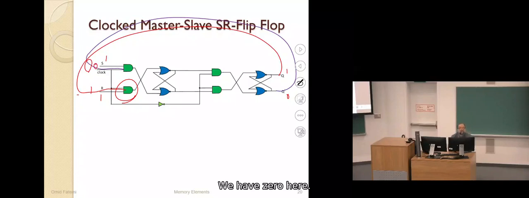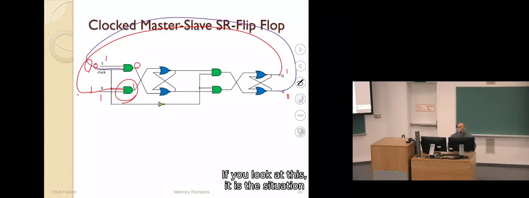Since we have 0 here, this AND gate outputs 0. This AND, K is 1, and also Q is 1, and clock is 1. Let's say that we have a clock, so the output will become 1.